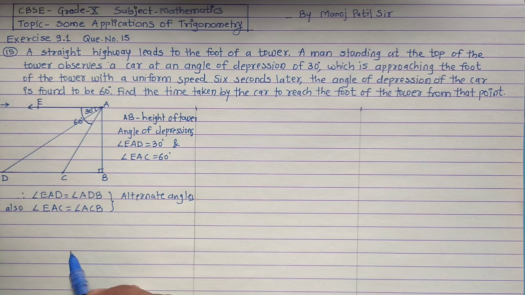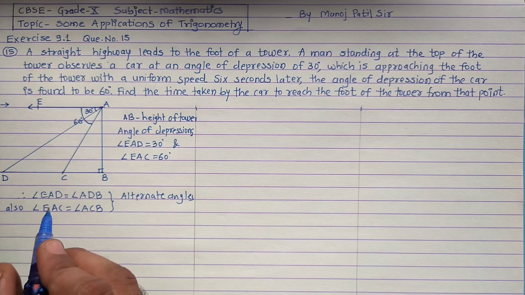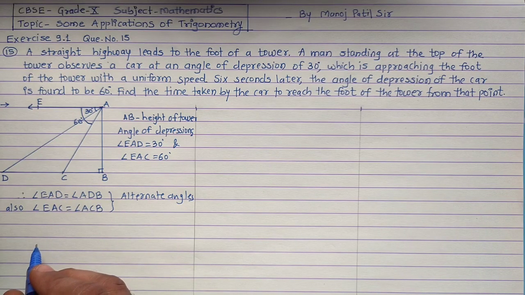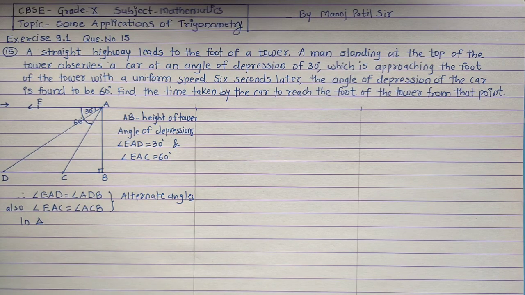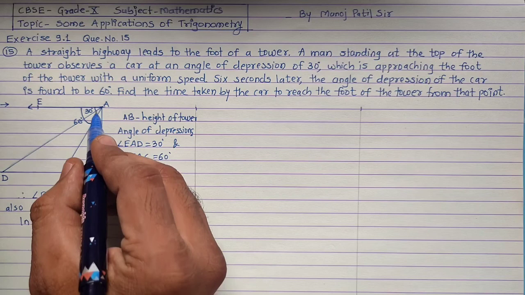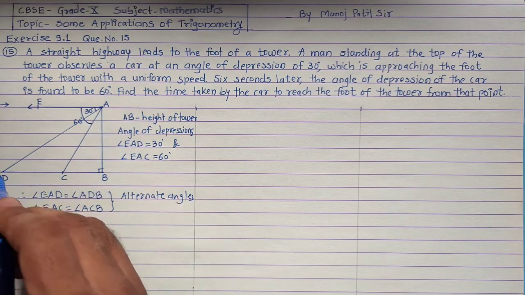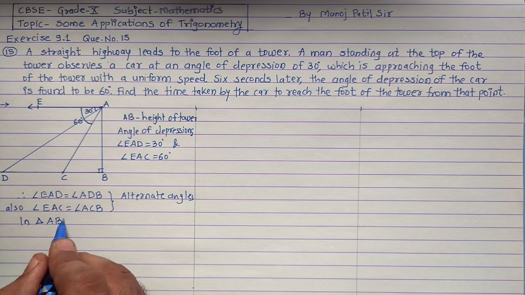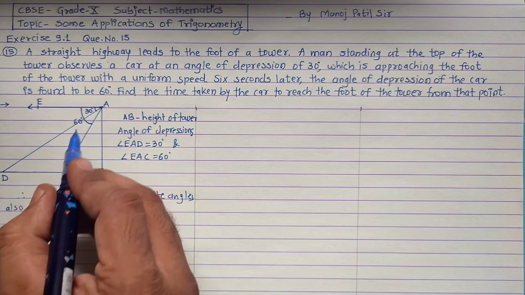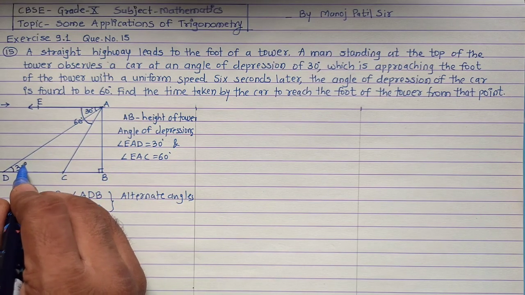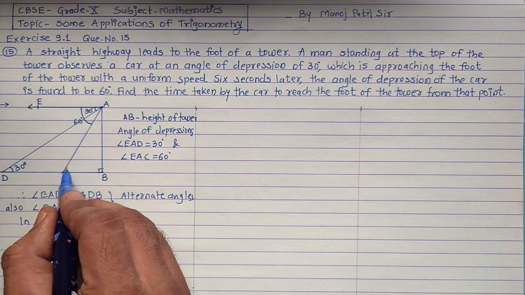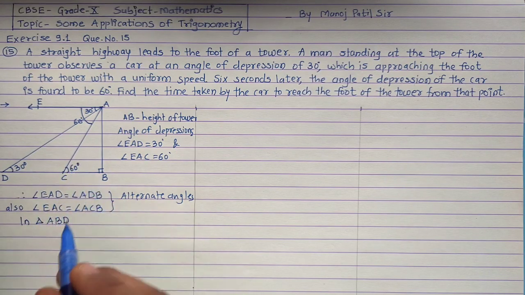So let's see now in triangle ABD. As we discussed, alternate angles are equal, so this angle will be 30 degrees and this angle will be 60 degrees.